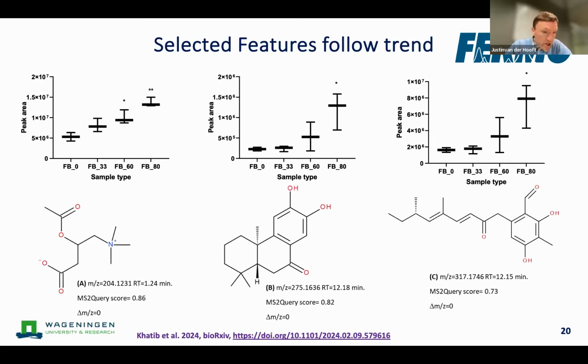Then, as I already said, Fermo also has some annotation modules. So it can do library matching, it can do analog search using the msFeaST program, and also using MS2Query, that I won't have time today to further explain. But you can see that each of these features got an annotation with a decent score that Soliman is now following up on.